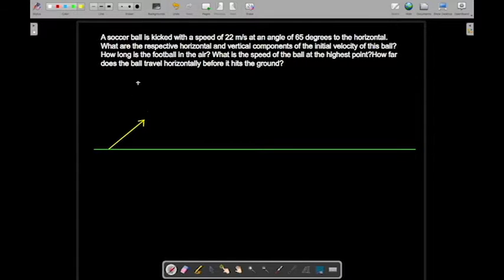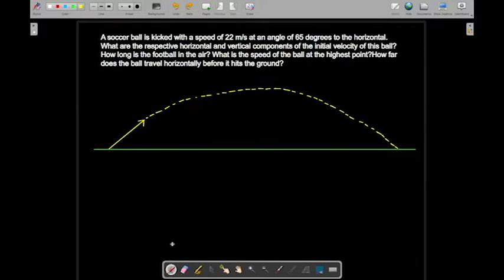As the ball was kicked like that, it takes this trajectory that goes in the air, reaches some high point, and then eventually comes back down to the ground, and it hits the ground at this point right here.